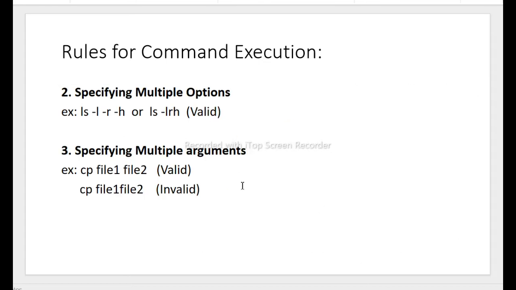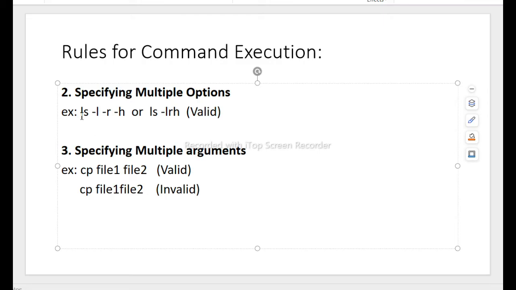Let us try to understand some of the rules for specifying the options for the command. The options are generally specified by using the notation hyphen just before the option. For example, the ls command can have several options, and those options are specified by using a special symbol, hyphen.